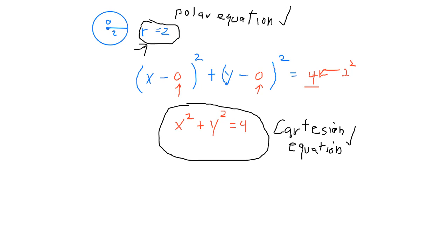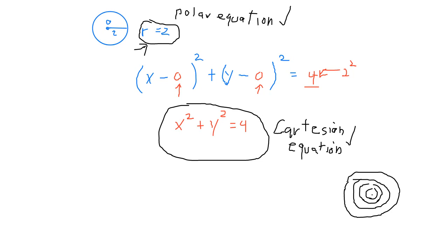How many have seen that kind of paper, maybe in the CVS or in the store? Well, they also make polar graph paper too. Polar graph paper consists of concentric circles. But since we have Desmos, you won't need to worry about that.